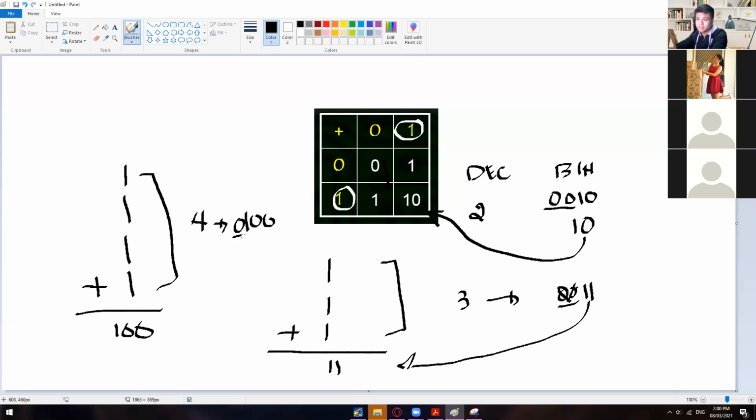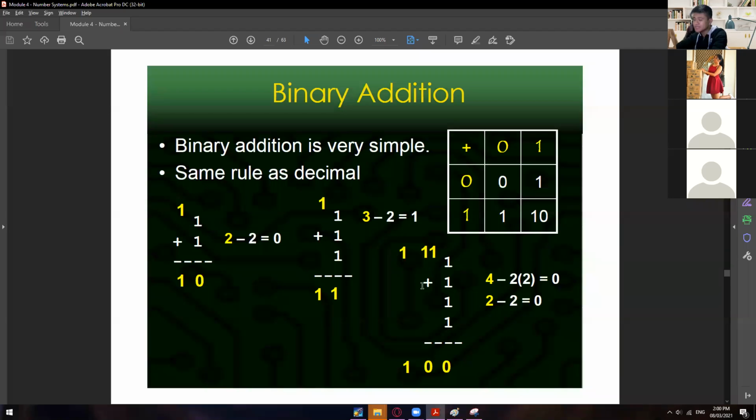Again, you can simply remove the leading zero and it will give you 100. So that's how we add numbers in binary. So 1 plus 1 is 10, 1 plus 1 plus 1 is 11, and 1 plus 1 plus 1 plus 1 is 100. Are we clear so far regarding binary addition?